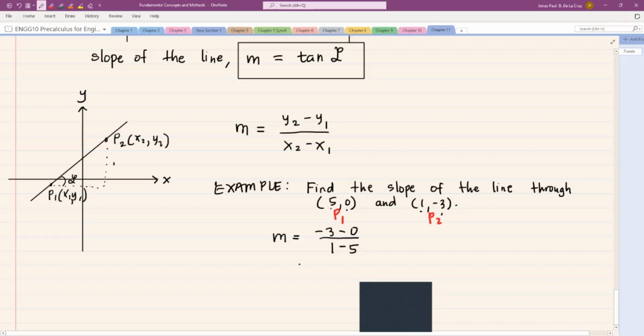So, this is equal to negative 3 over negative 4, which in turn will give us positive 3 over 4. Okay? So, the slope of the line passing through these 2 points, 5, 0, and 1, negative 3, is 3 over 4. Okay, that's how we find the slope of the line if we are given 2 points.